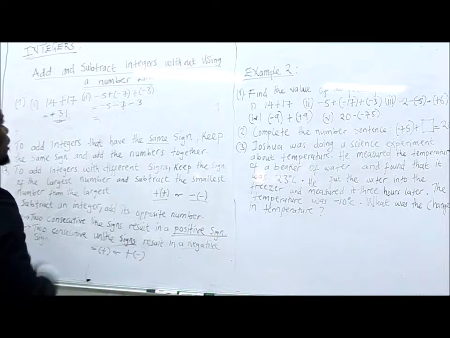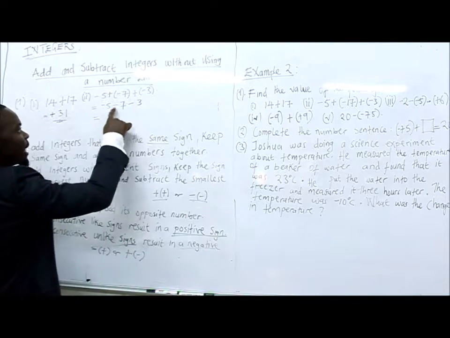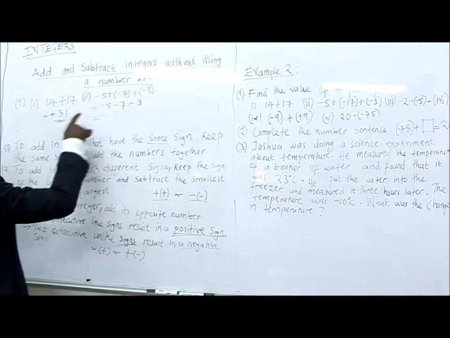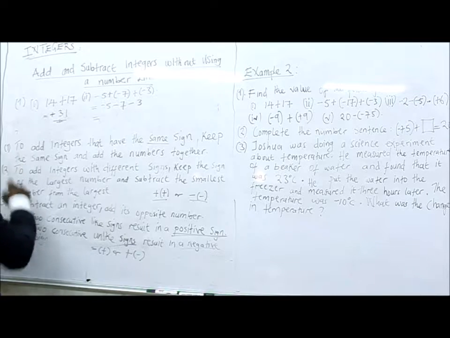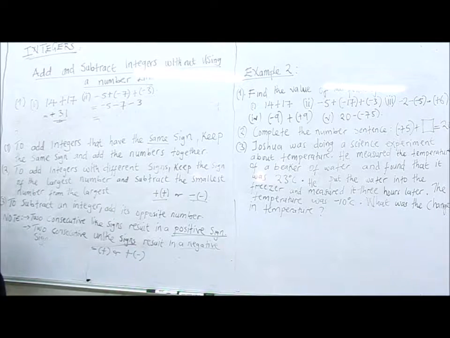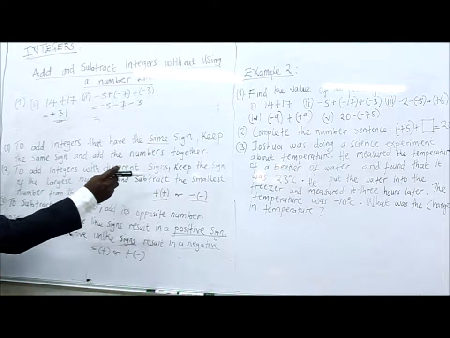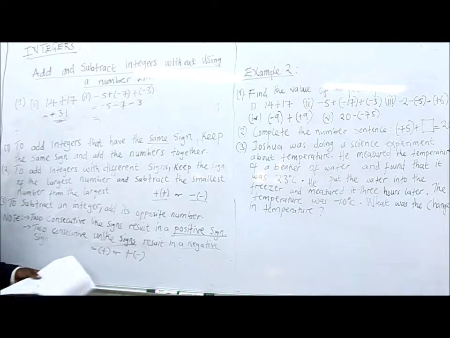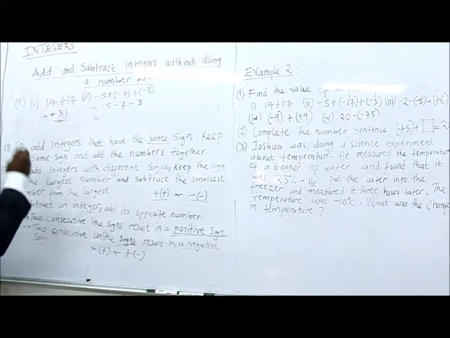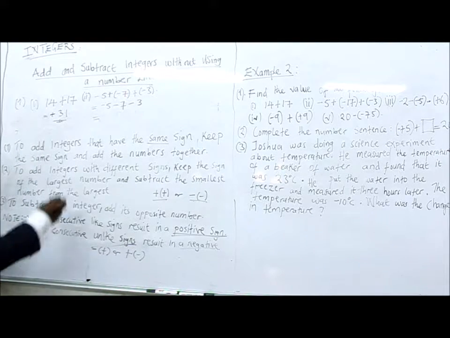Now from negative 5 and negative 7, we use rule 1, which says when you add integers that have the same sign, keep the sign and add the numbers. Rule 2 says to add integers with different signs, keep the sign of the largest number. The same thing can be applied to negative numbers.